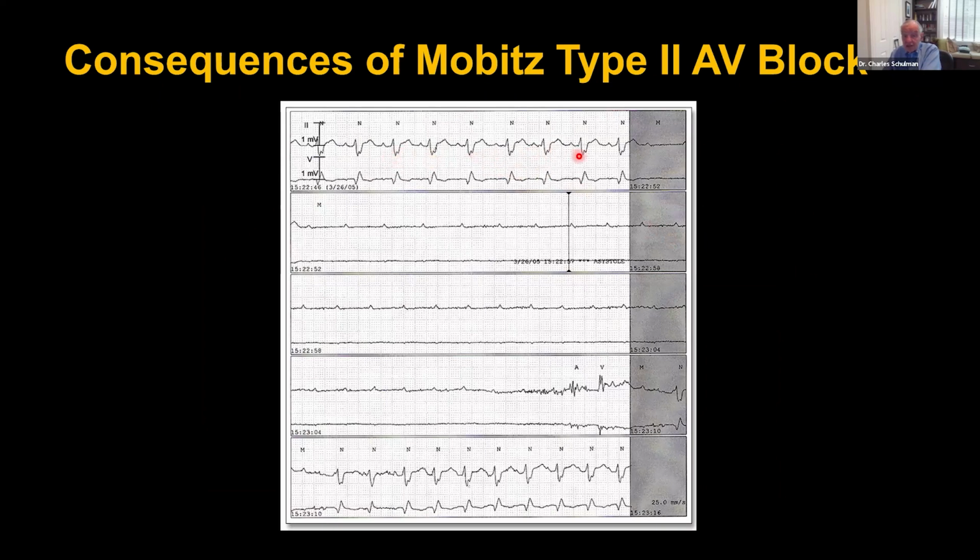You have either conduction or not, and the PR intervals are all precisely the same. So that's the difference. And this person needs a pacemaker, and the patient in the second ECG, the B, needs a pacemaker as well.